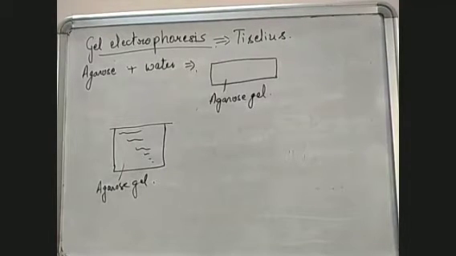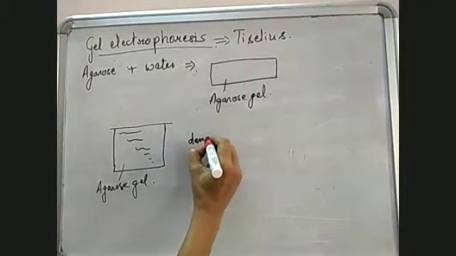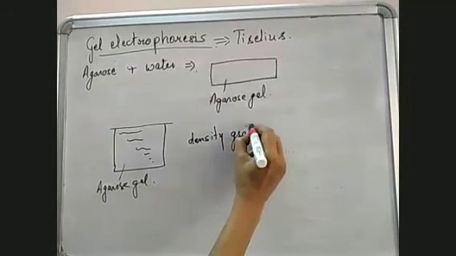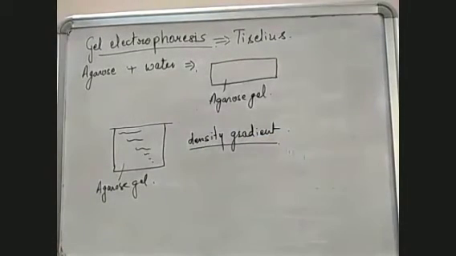Now, this is gel electrophoresis, which is done on the basis of density gradient. Separation of different sizes of DNA fragments on the basis of density gradient.